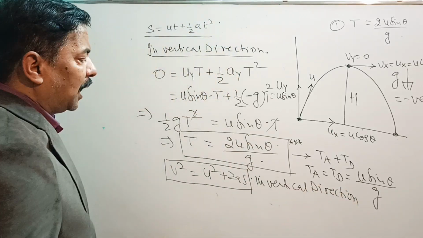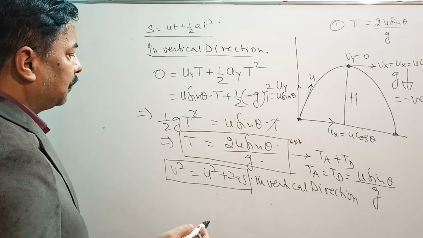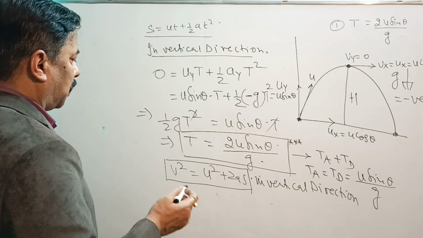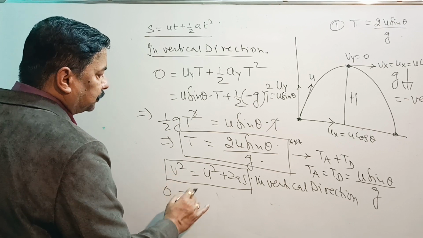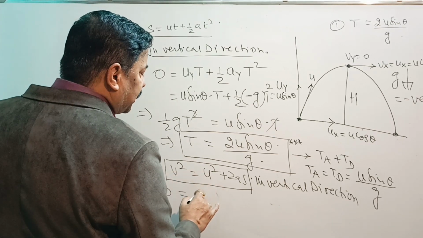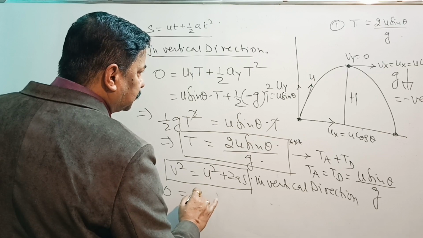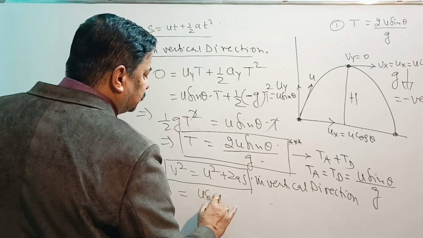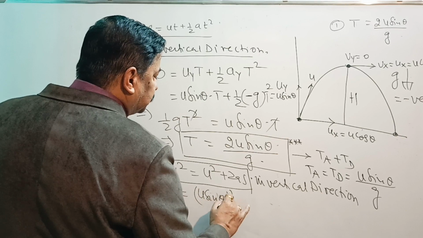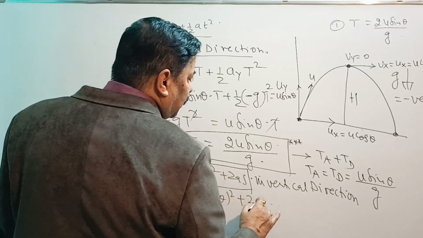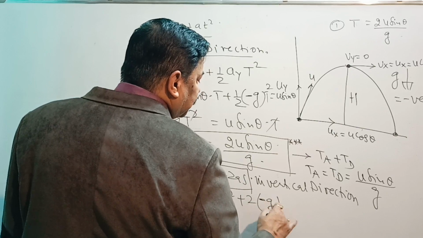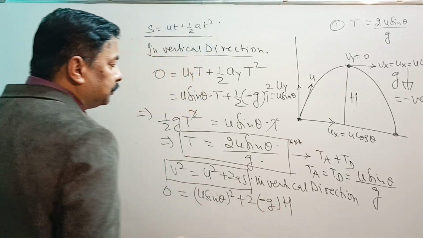Now in vertical direction, if you will observe, at maximum height this is 0. This is initial velocity u sine theta whole square plus 2, a is your minus g and s is your h.